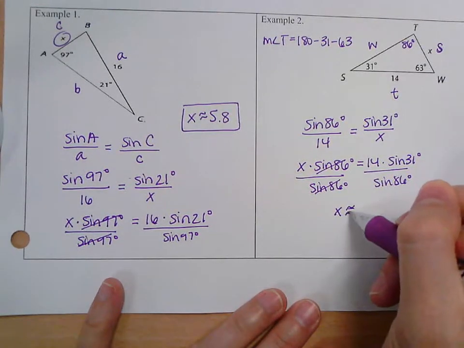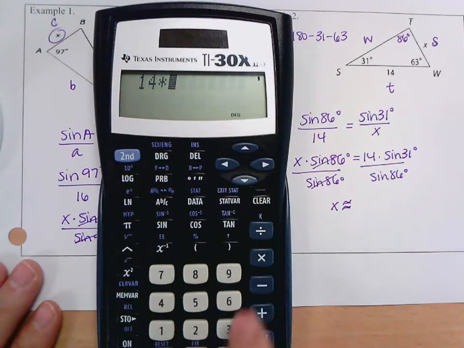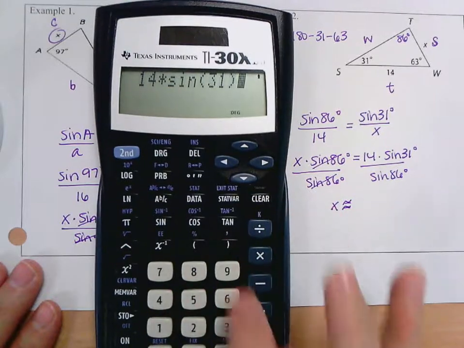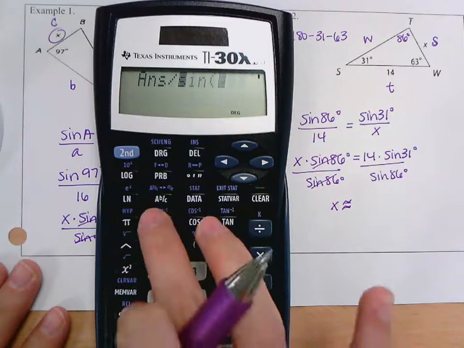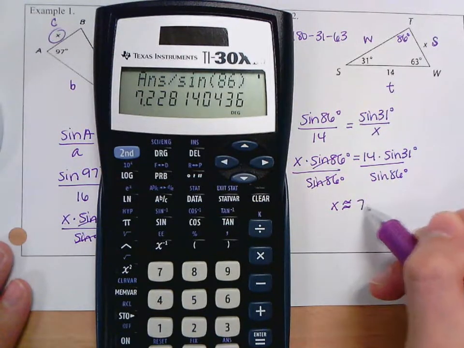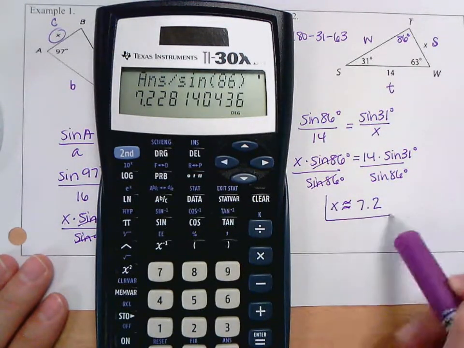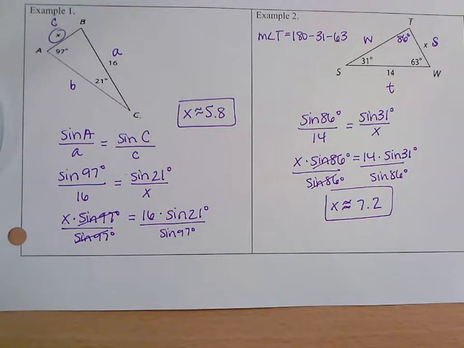It'll be approximately, so typing this in, I would type in 14 times sine of 31, enter, leave that in my calculator, divided by sine of 86. And to one decimal place, I should get about 7.2. Questions there?